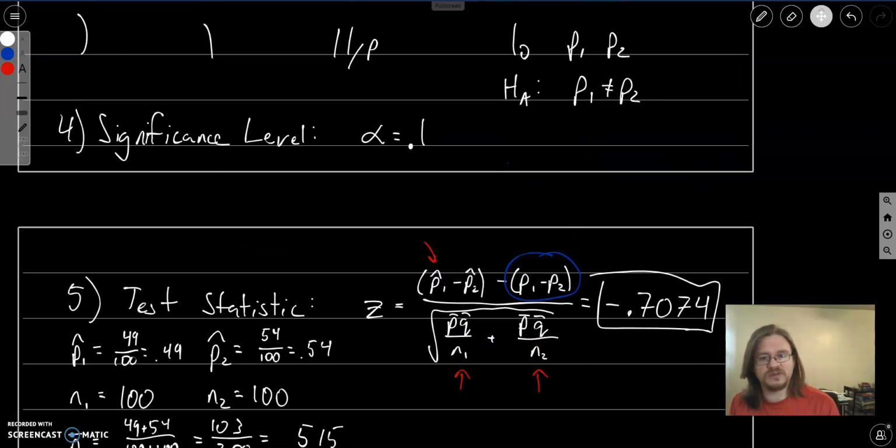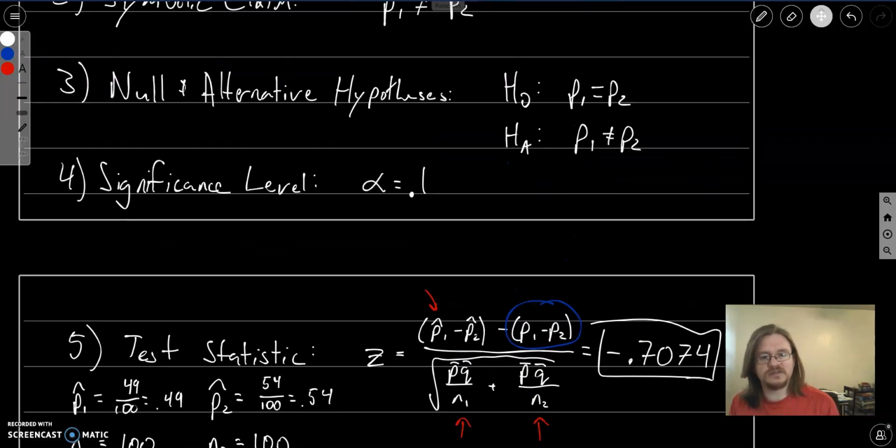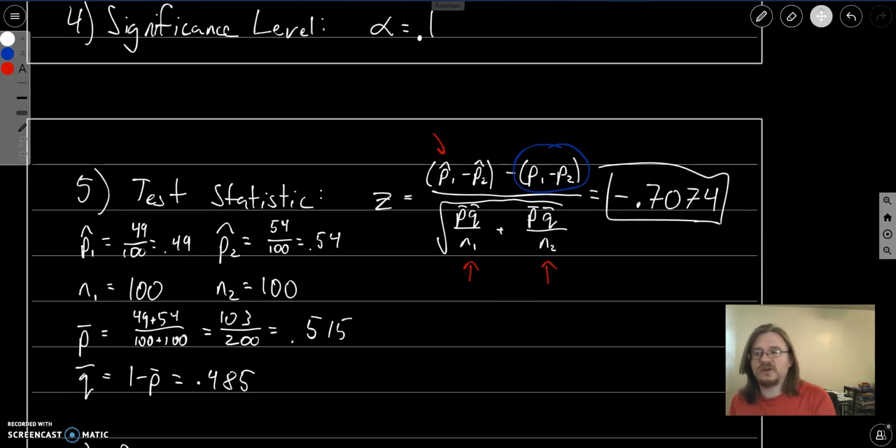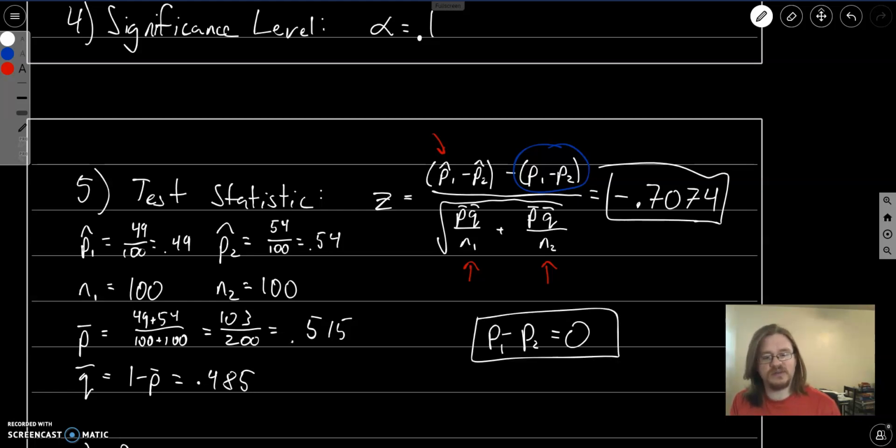But what we're doing is we're testing whether or not they are equal. So this is our null hypothesis, that P1 is equal to P2. So P1 minus P2, if those guys are equal to one another, that makes this 0. So this is our big assumption going into all of the hypothesis testing, that P1 minus P2 is in fact equal to 0, that these are equal to one another.